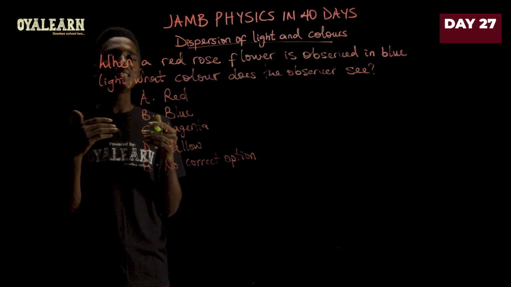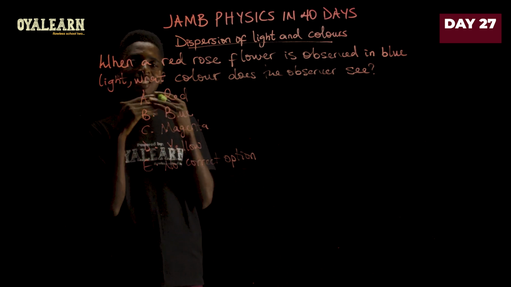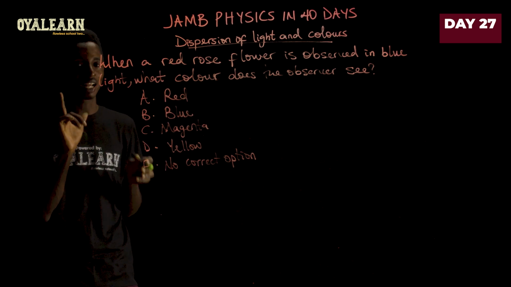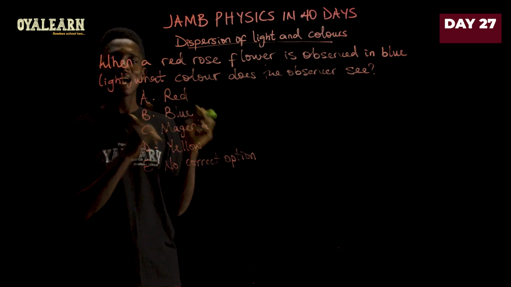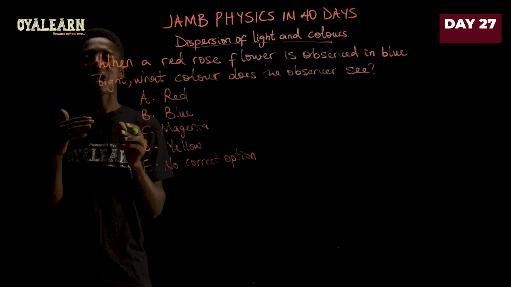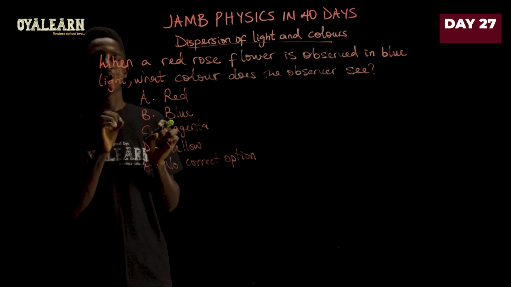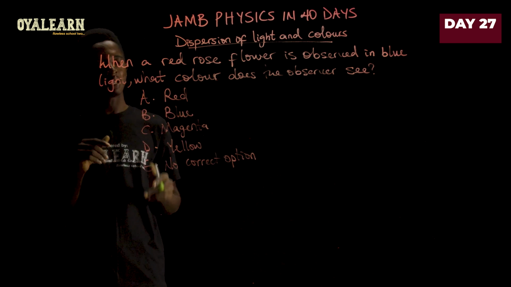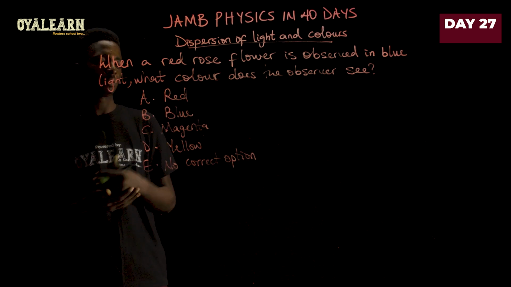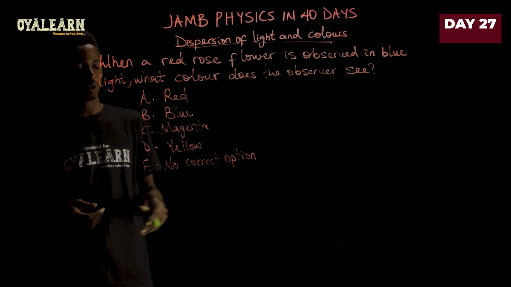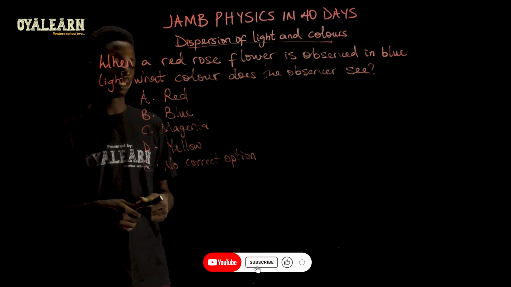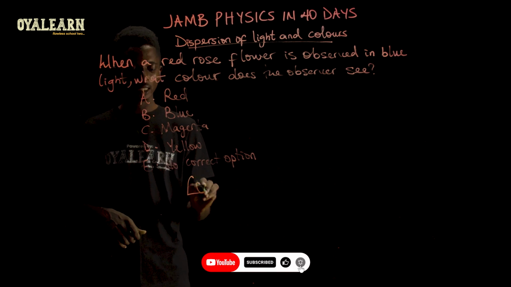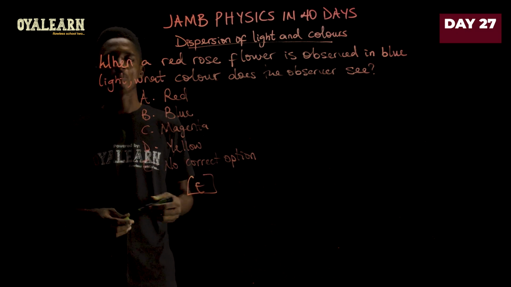If it does not mention whether it's a dark room or not, the best answer in that kind of scenario is that it's going to appear dark, not the black color essentially. So please take note of that. When we look at the options here, we see red, blue, magenta, yellow, and none of them is correct. So the correct option here will be E, which says no correct option.